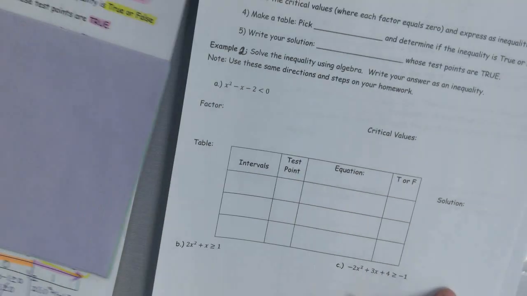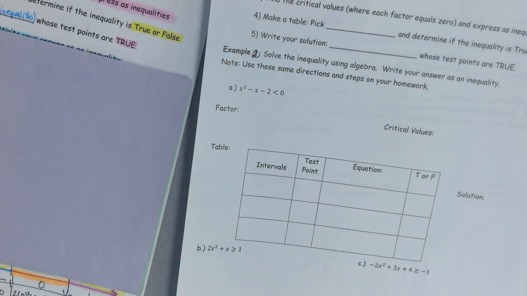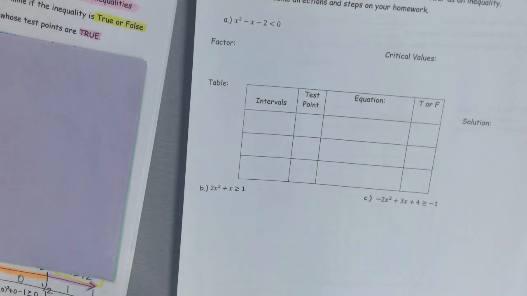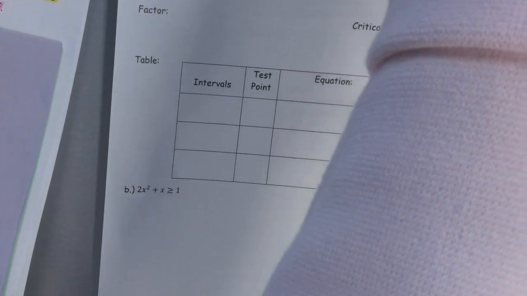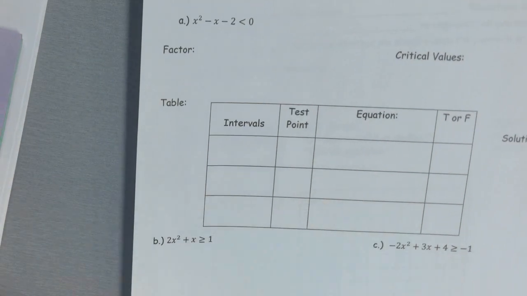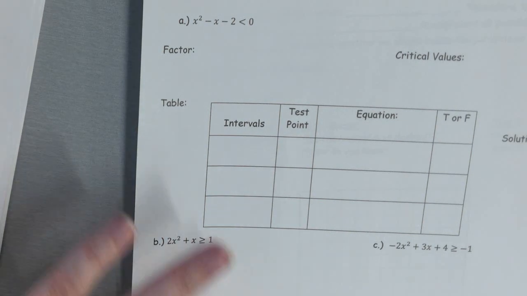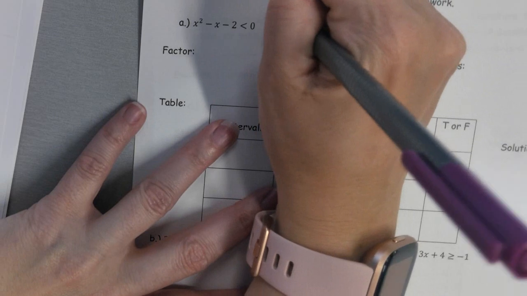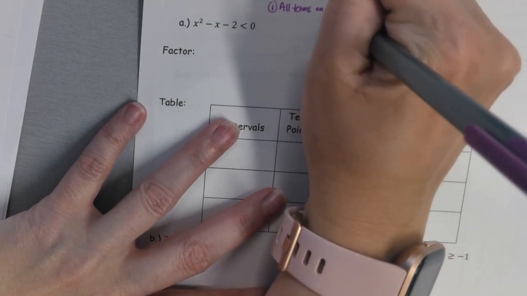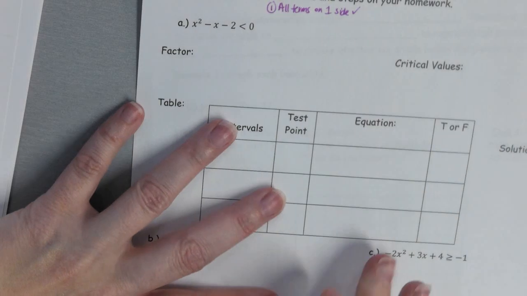When you are factoring, you can disregard the inequality part. We're just going to look at the trinomial here. Okay, so for part A, step 1, all terms on one side, I'm just going to give that a check.